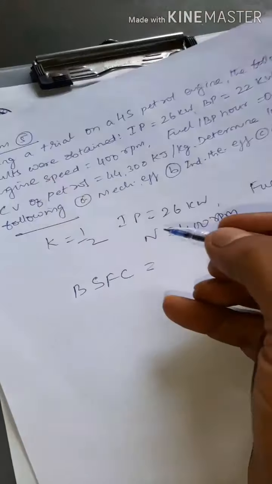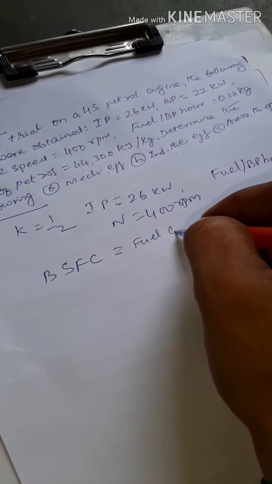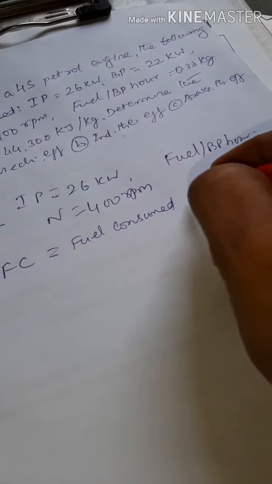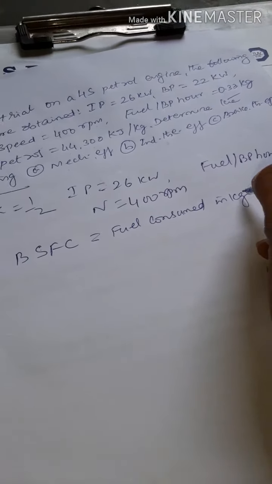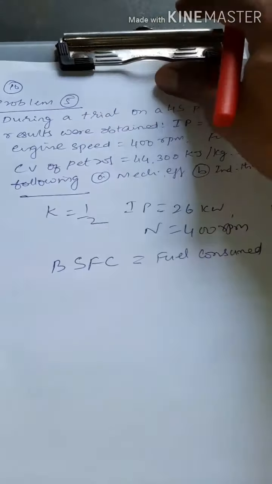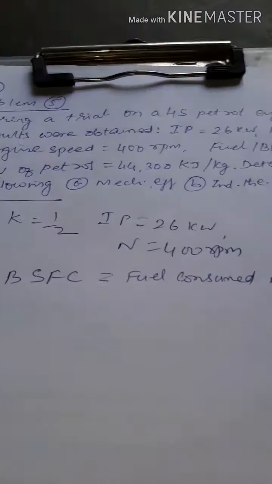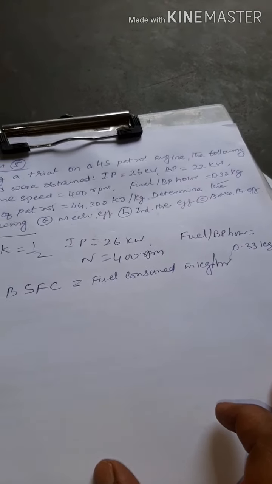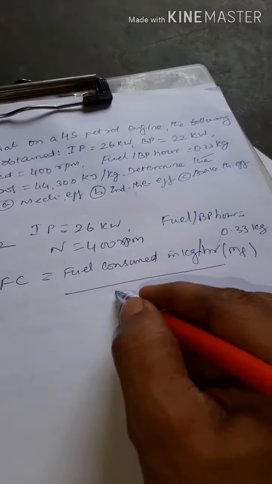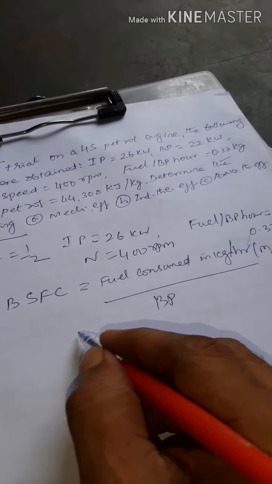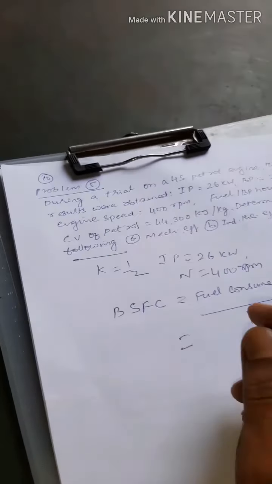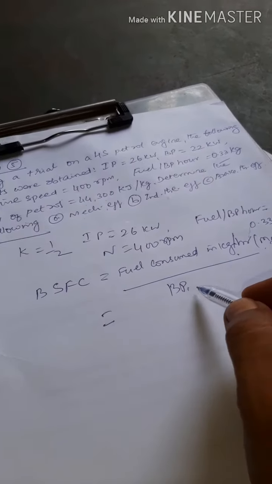BSFC is equal to fuel consumed in kg per hour, that is MF divided by BP, brake power.